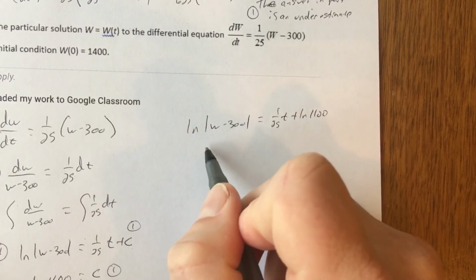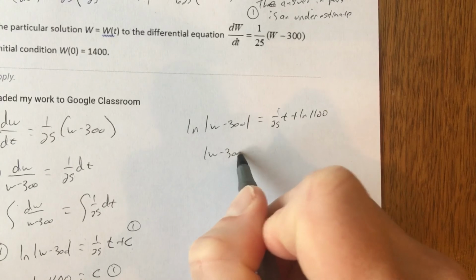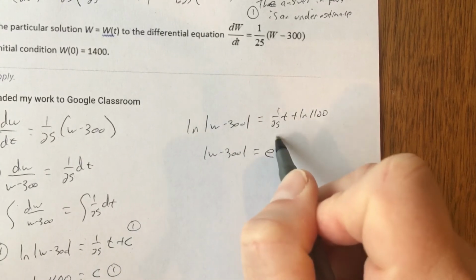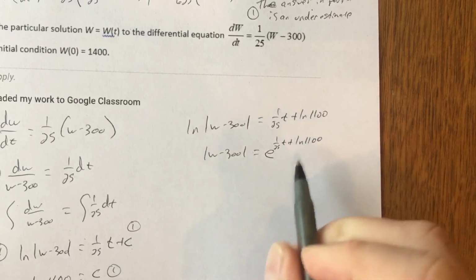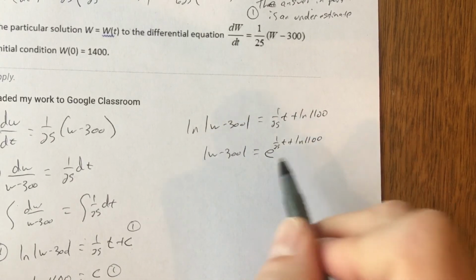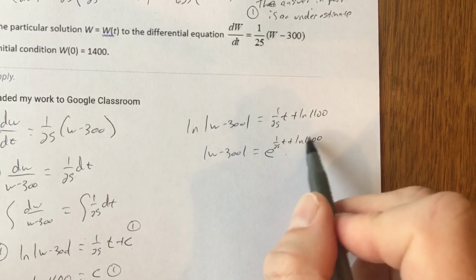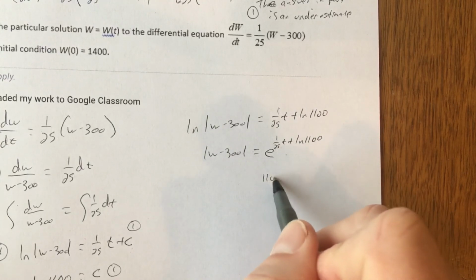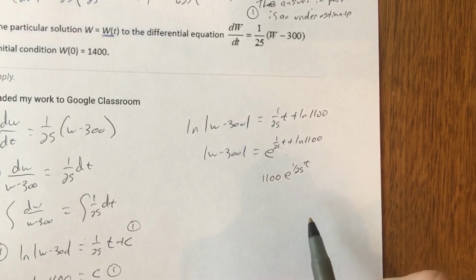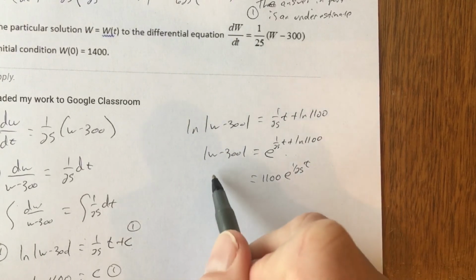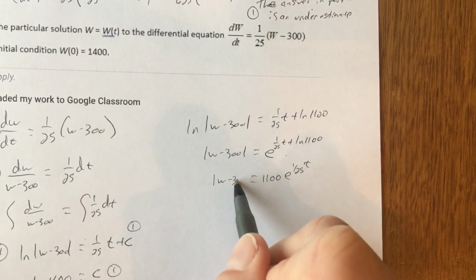Raise it to the power of e. We're going to get absolute value of w minus 300 equals e to the 1/25 t plus natural log of 1100. And again, we can split that into e to this times e to that, which would turn into 1100. You don't have to do that.